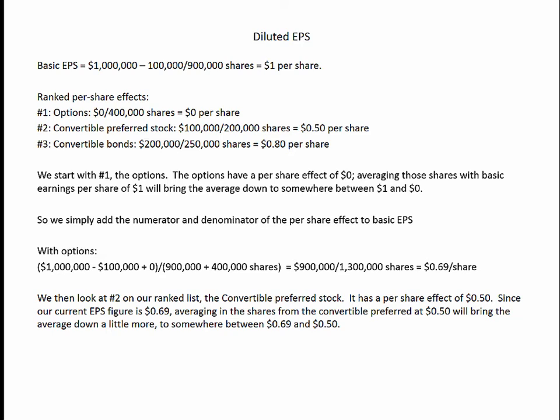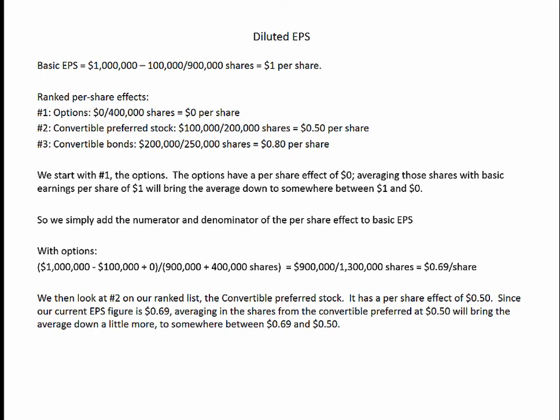We then look at number 2 on our ranked list, the convertible preferred stock. It has a per share effect of 50 cents. Since our current earnings per share figure is 0.69, averaging in the shares from the convertible preferred at 50 cents will bring the average down a little bit more, to somewhere between the current figure of 69 cents and the per share effect figure of 50 cents.